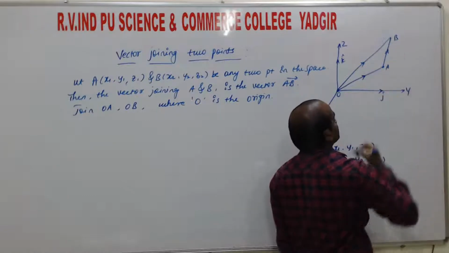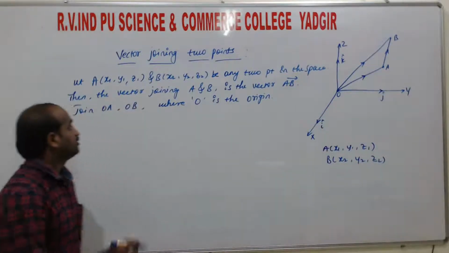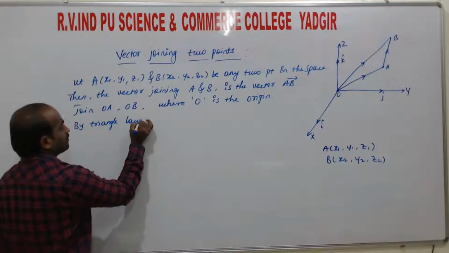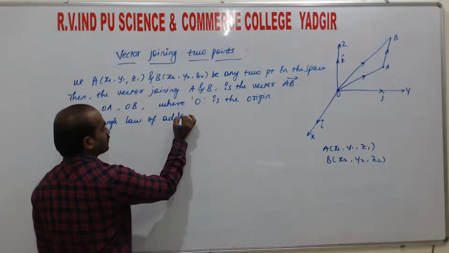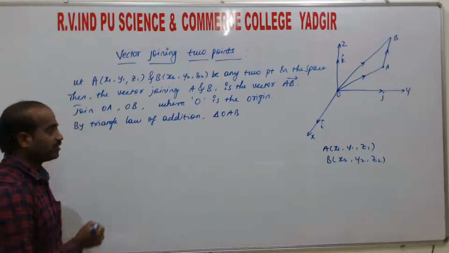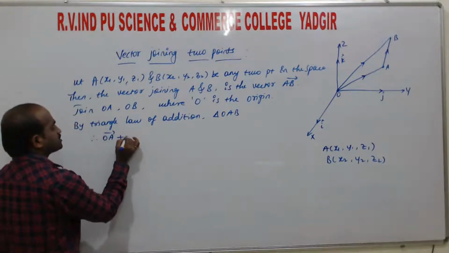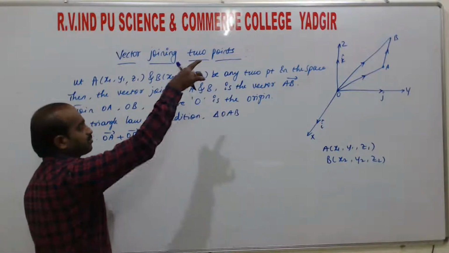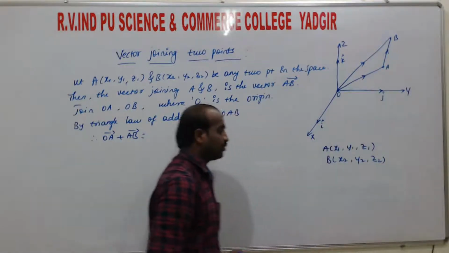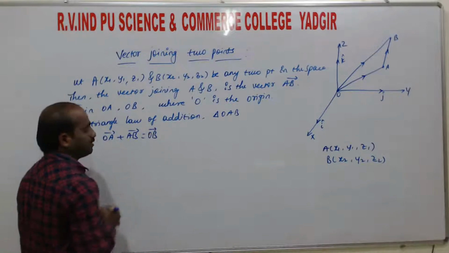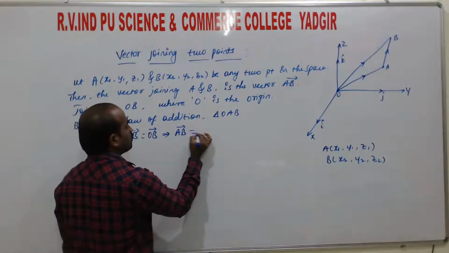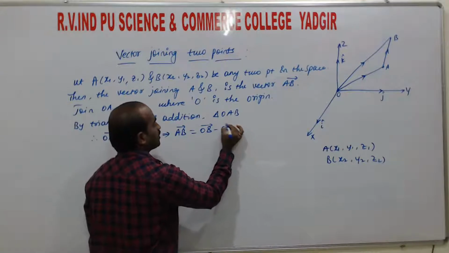Next, we use the triangle law of addition. By triangle law of addition in triangle OAB, OA vector plus AB vector is equal to OB vector. This implies AB vector is equal to OB minus OA.